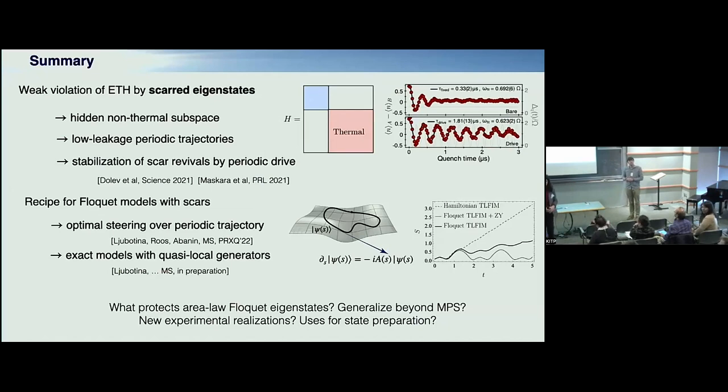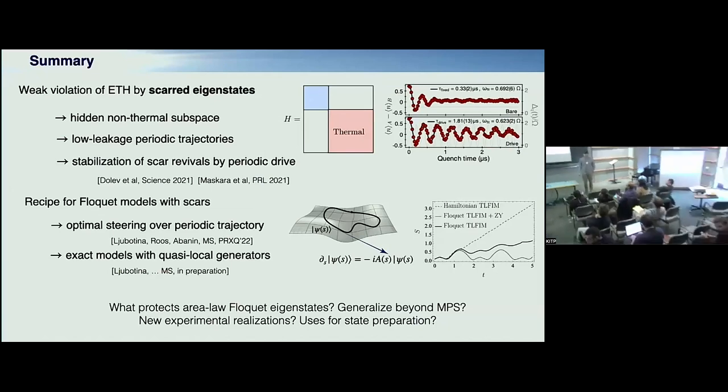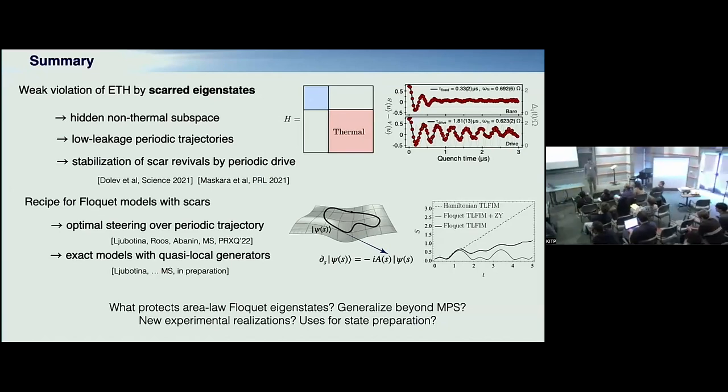Hey, I was wondering, would it be possible to use this steering to prepare states with low energy variance in thermalizing systems? Very interesting question. I think it's related, and maybe I should discuss for a brief second, the relation to counterdiabatic driving that I briefly mentioned.